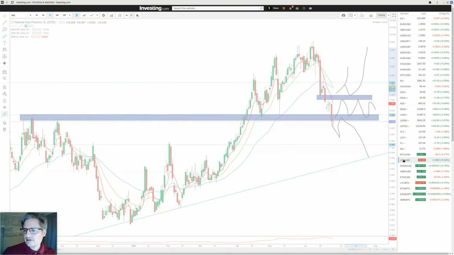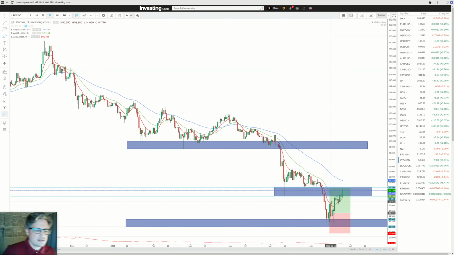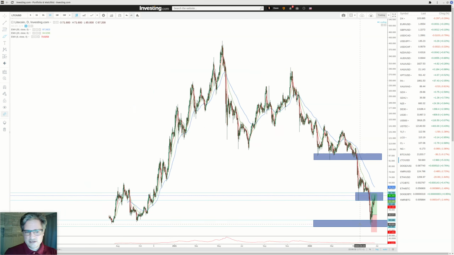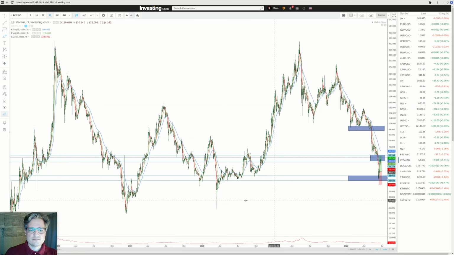So let's first look at my trade on Litecoin. This is actually a counter-trend trade that I took. We have this very strong downtrend, and then we hit this level here, a very significant long-term level that's been in the market for quite some time.